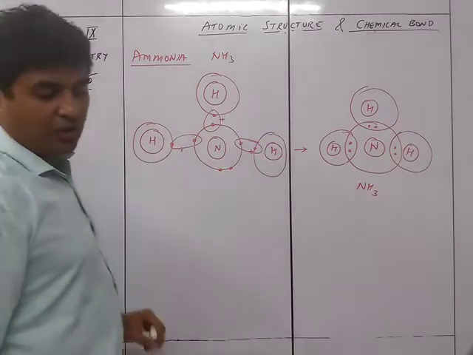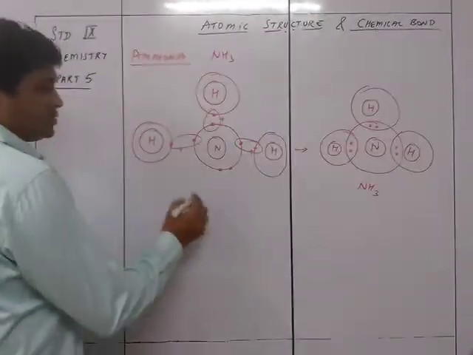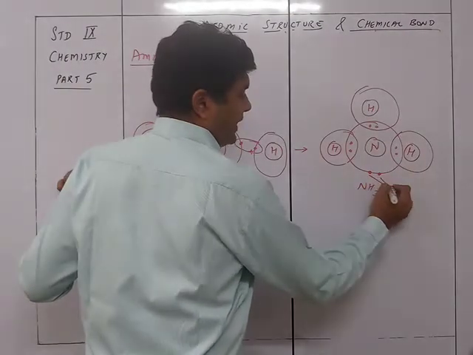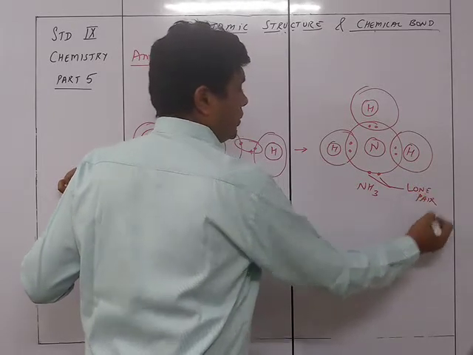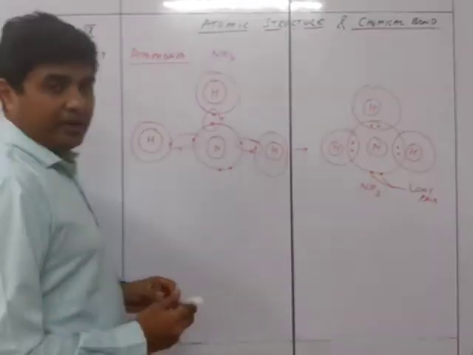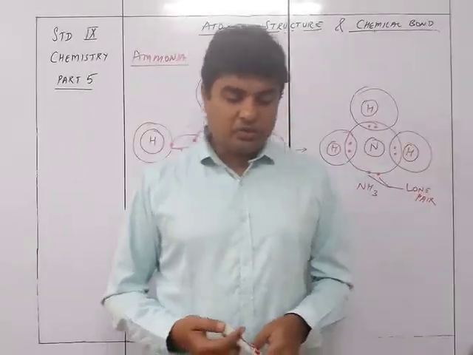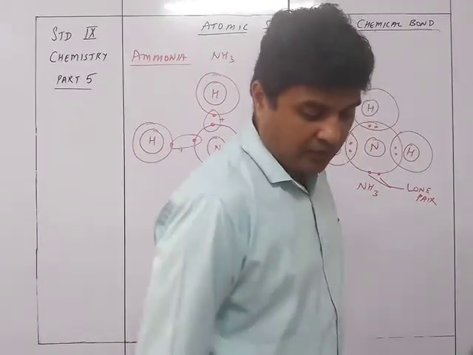Formation of NH3 is going to be in this mode, and in this case also the electrons which are here are called the lone pair. So this is the lone pair again in case of ammonia. Ammonia also has got this lone pair. Water and ammonia both have got lone pair. So that is the formation of ammonia.